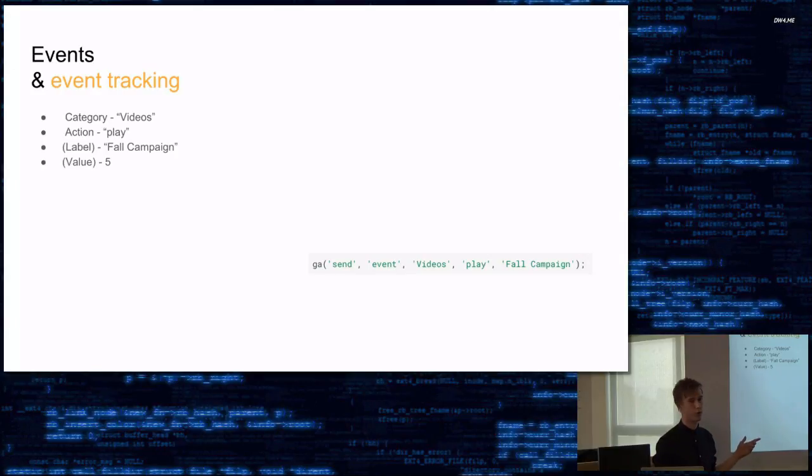So if a user views a video, you put it in the category video, you put the action to play, and maybe you want to send in what video they're viewing, and maybe we know that they watched this video that's worth 5 kroners, so we send in 5.